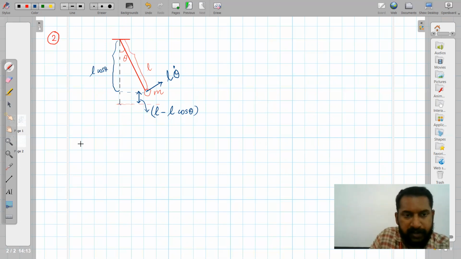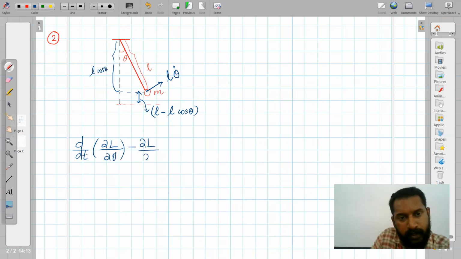What is Lagrange's equation? Lagrange's equation is d by dt of dou L by dou theta dot minus dou L by dou theta equal to 0, because here theta is the generalized coordinate. L is the difference between kinetic energy and potential energy. Here kinetic energy is half m v square, where v is simply L theta dot, so v square is L square theta dot square.